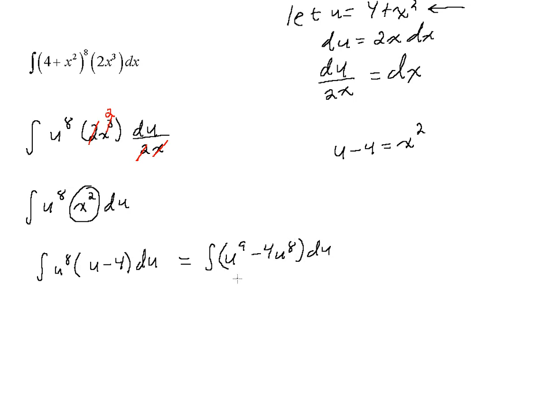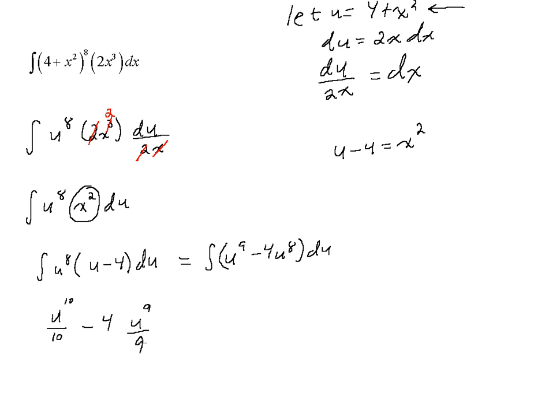So u to the 9th will go up by a power, add 1 to that power, so you get 10, and that's over 10. Oh, that's a minus. I was writing a plus. Let's erase that. And so we have minus 4, it's a constant, and then u to the 8th goes up by adding 1 to the power, it's 9 over the new power, plus C.